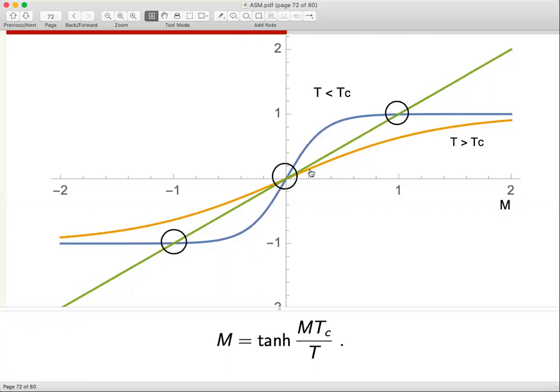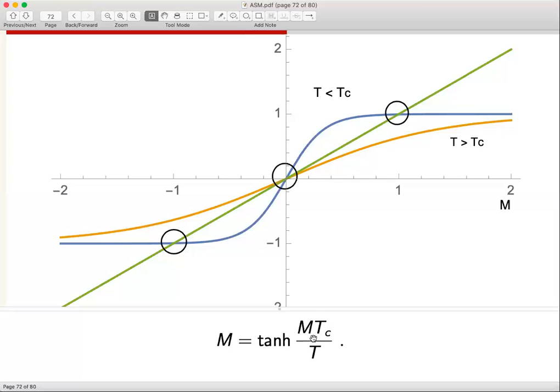So it is a straight line around the origin, but that straight line has slope less than 1. As you go out it flattens and stops at the value 1 at infinity. Then there is no chance of this orange line crossing this green line again. You agree with me?